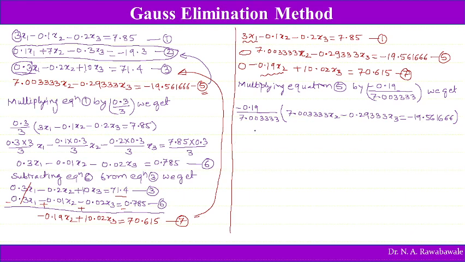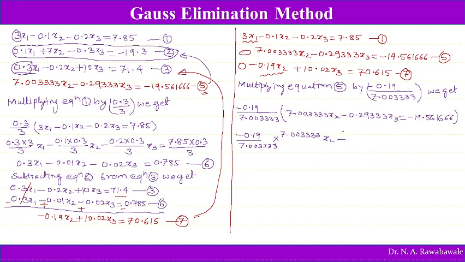On simplification we get this as 0.19 divided by 7.003333, into 7.003333 x2.